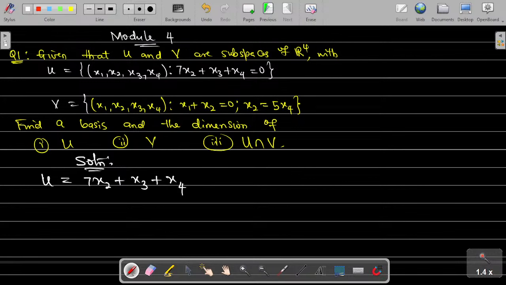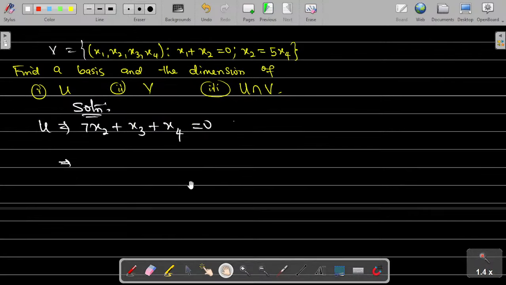Let me put it this way. This is equal to 0. So this is the same thing as having, of course you can always bring out the coefficients to form a matrix: 7, 1, and it will not start from 7, it will start from x1, and x1 is missing here.